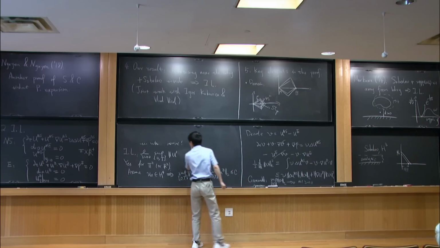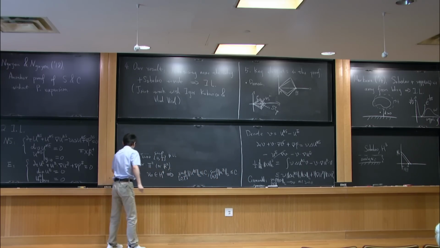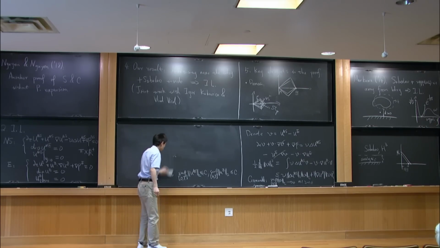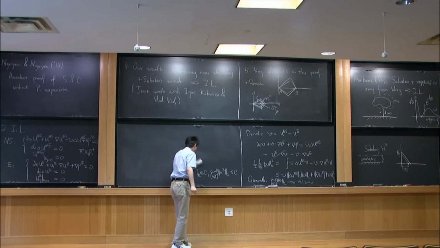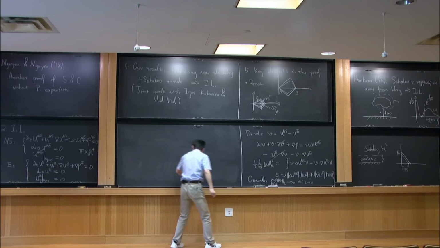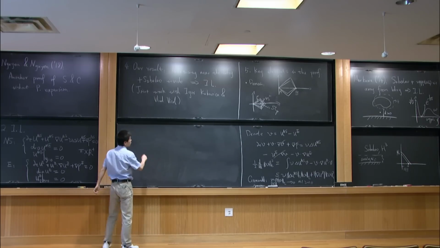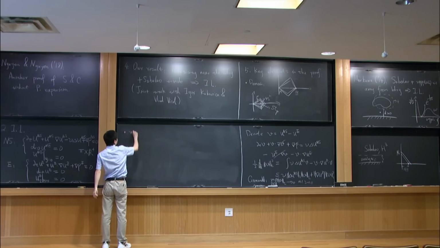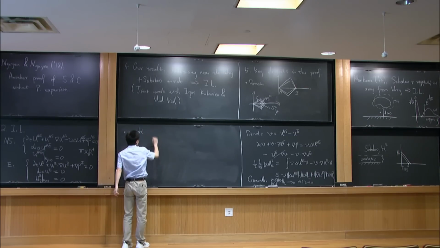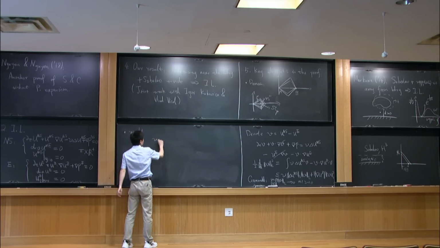Then I also need to, I guess I will not talk about how to construct this weight function. Here I just briefly mention there is a weight function, and it's given in this way.